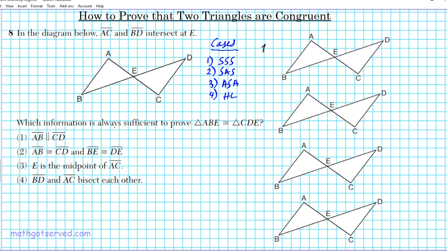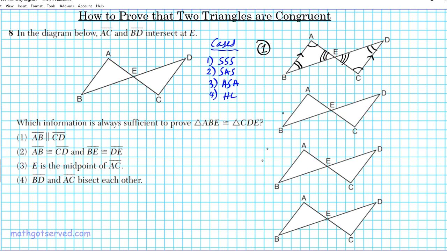Alright, so if AB is parallel to CD, that means this line right here is parallel to this line. If you have two parallel lines cut by a transversal, you know that alternate interior angles are congruent. So this angle is congruent to that angle right there, alternate interior angles, and then this angle right here is congruent to this angle right here. We know that these two angles are congruent because they're vertical angles.